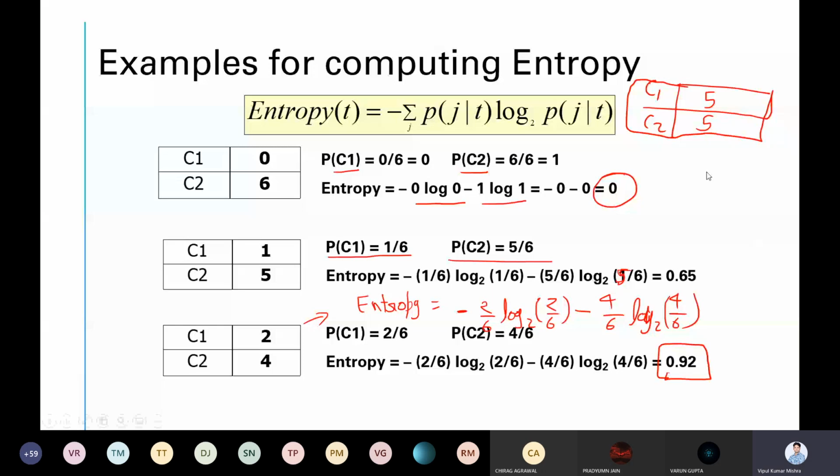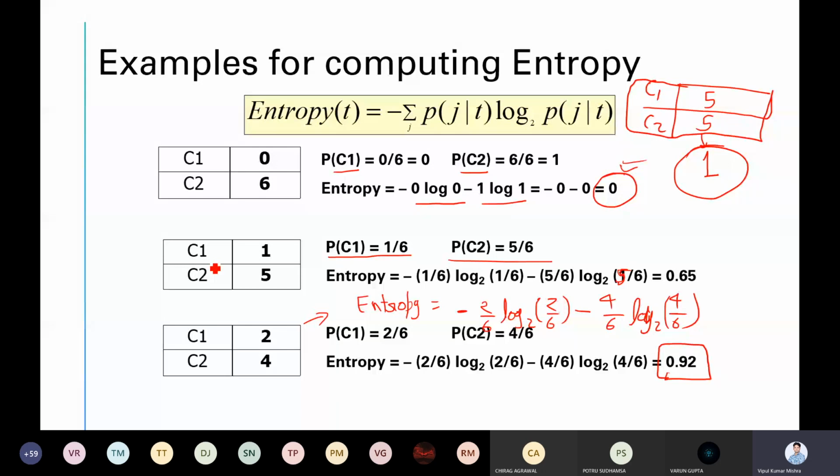Can you compute entropy for this? So you can say completely balanced. What will be the entropy for this? 1, right? So the maximum entropy is 1 and the minimum entropy is 0.